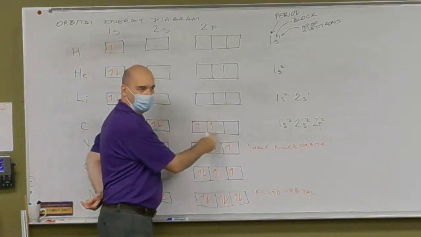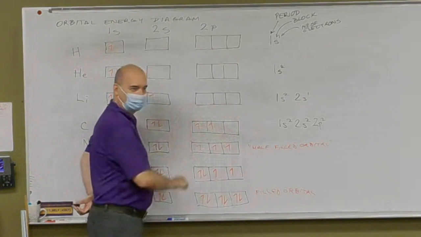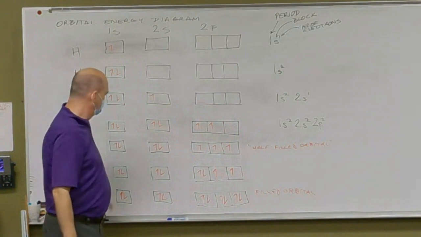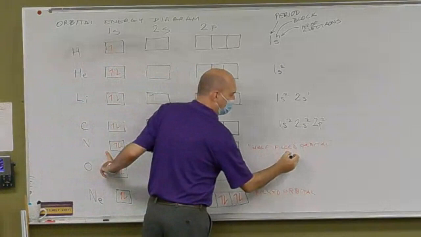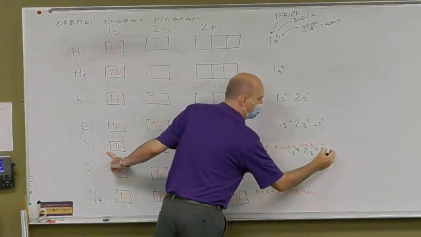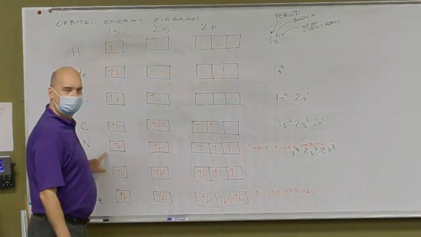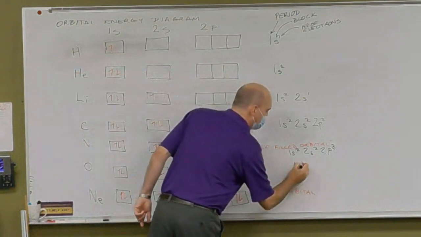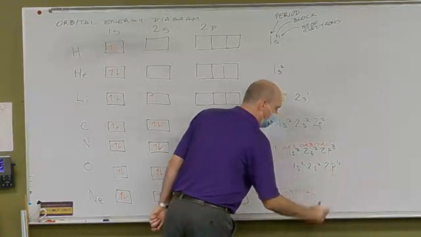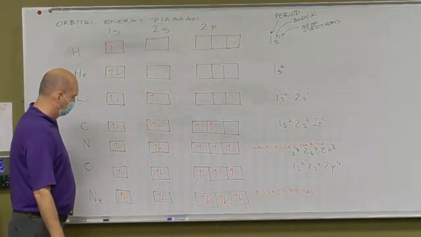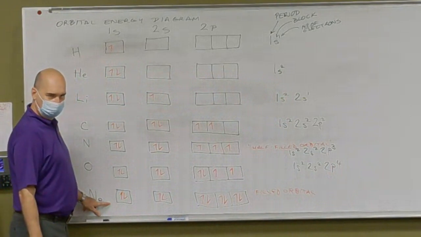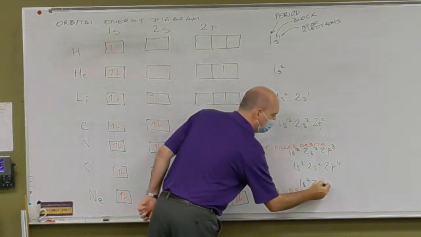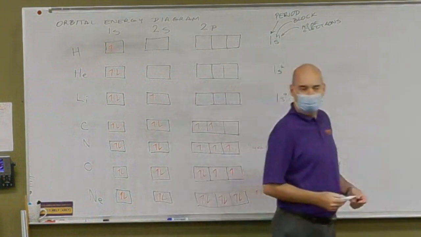And I have 2 electrons in the combined bunch of degenerate orbitals that belong to the 2p, 2p2, which makes nitrogen 1s2, 2s2, 2p3, and makes oxygen 1s2, 2s2, 2p4, and makes neon 1s2, 2s2, 2p6. There you go. Good.